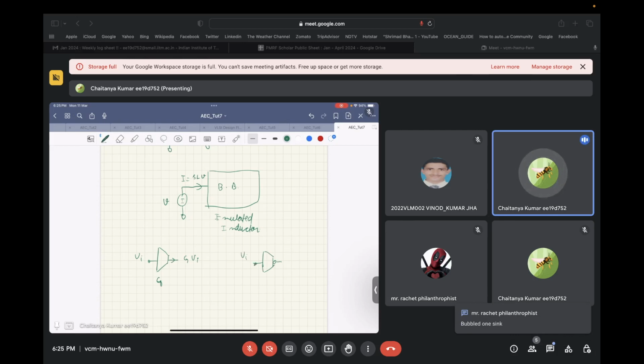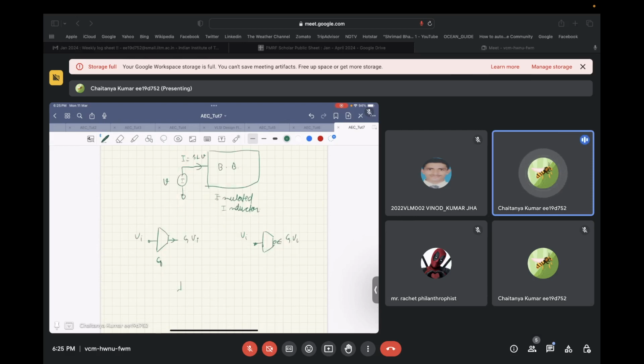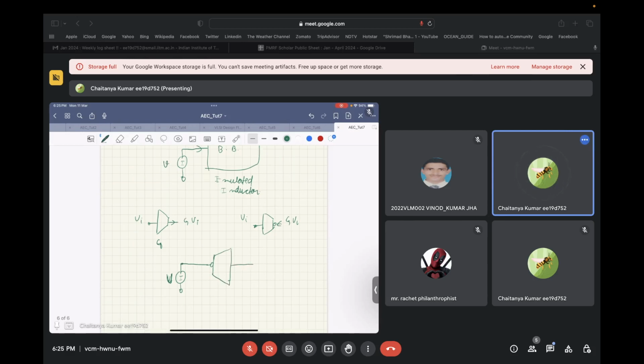So Vi, this can sink a current of G times Vi. So in this case, let's say we have a voltage V, and we use, let's say, a bubbled transconductor. Let's say this has some transconductance called G1.